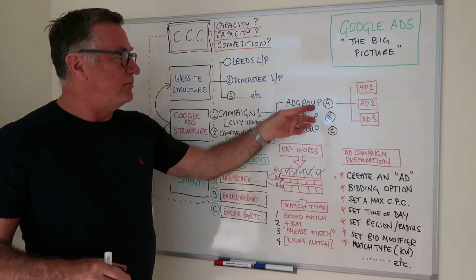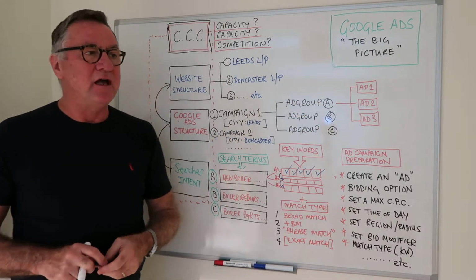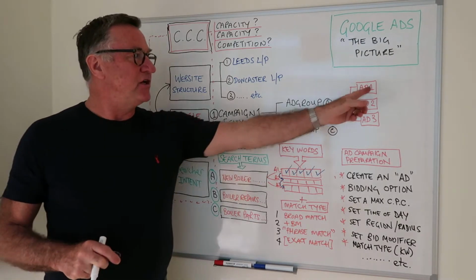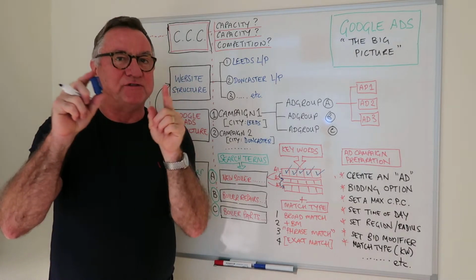And then for each group of ads, we have 2 or 3 ads, at least 2. Good campaigns have 3. And the reason for that is you can play now with the call to action in those few words, which is very important.